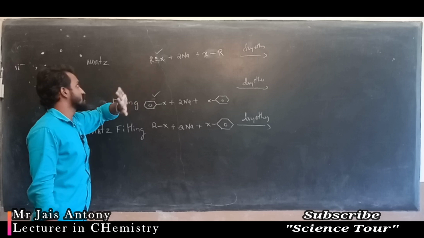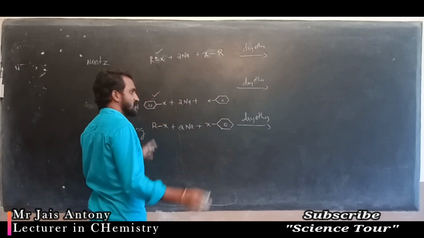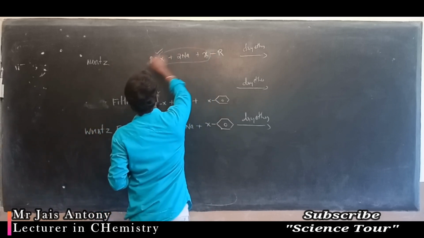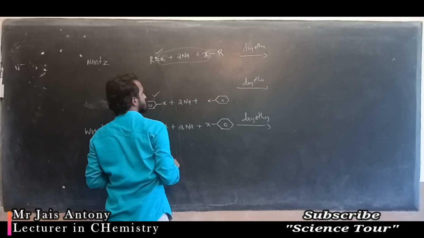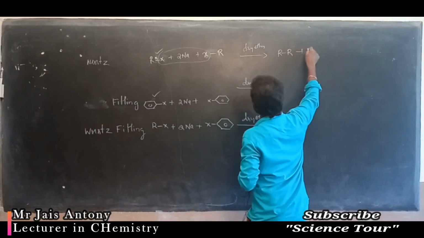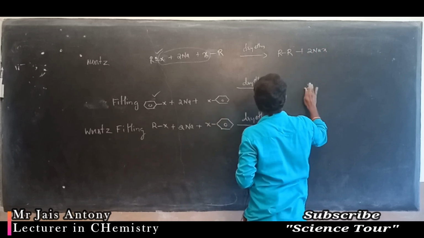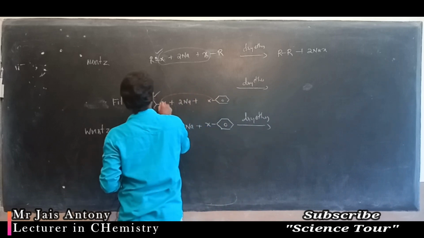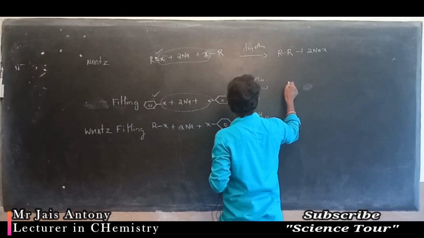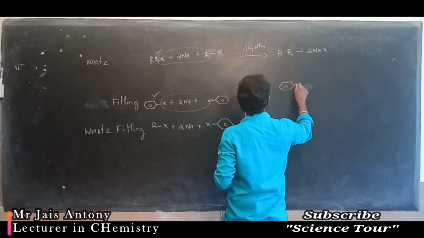Wurtz is this one: RX reacts with another molecule of RX. Sodium and halogen are removed and it gives R-R and 2NaX. Here also sodium halide is removed and it gives the diphenyl compound, like this.